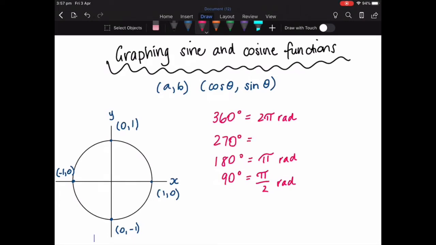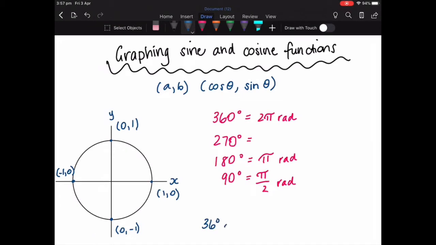So let's work out the missing one here, which would be 270 degrees. How am I going to work that out? Well, 270 degrees is 3/4 of 360.